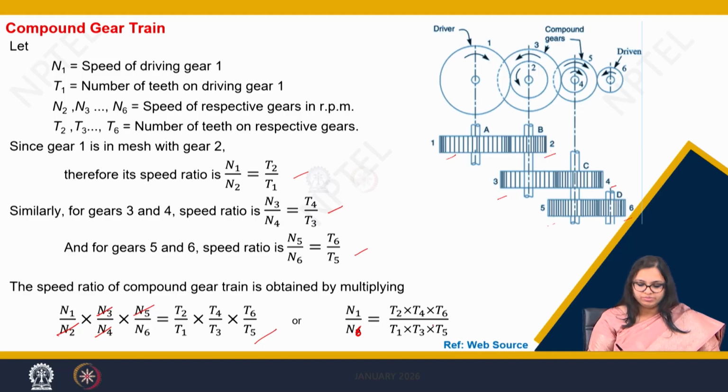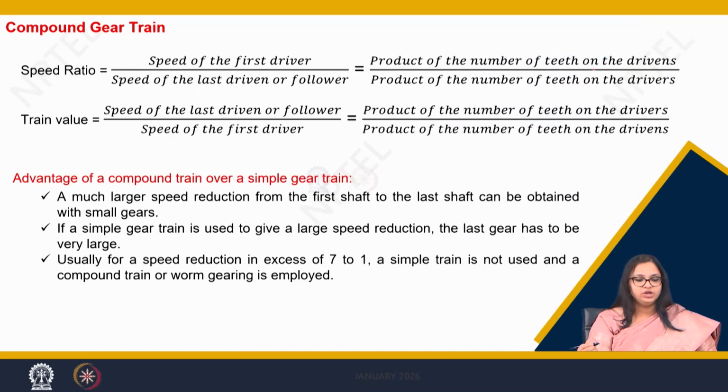So one thing you may notice here, T2, T4 and T6 are the driven gears, and T1, T3 and T5 are the driver gears. So ultimately, what do we say is the speed ratio?